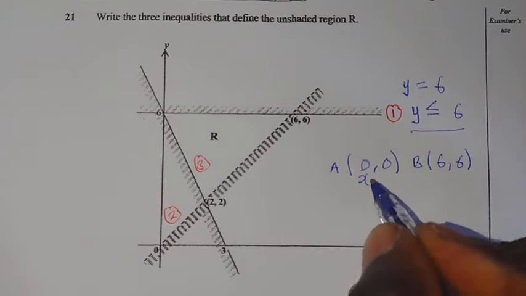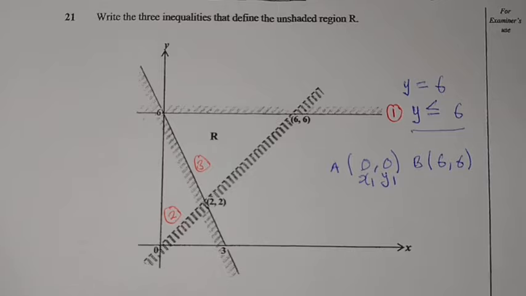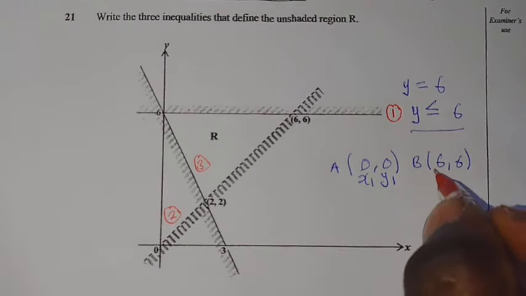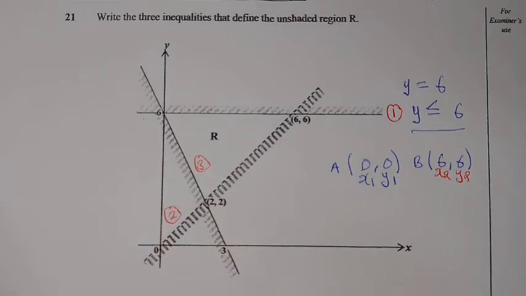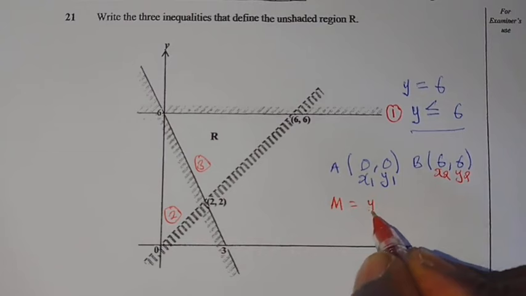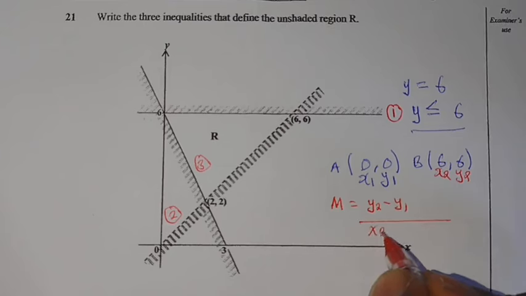So we name this as x1, y1. Then where we have 6,6, this will be our x2, y2. So we are going to come up with the formula for finding the gradient, which is gradient is equal to y2 minus y1 over x2 minus x1.